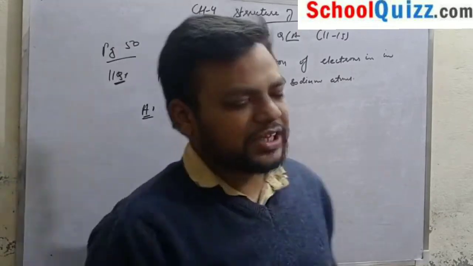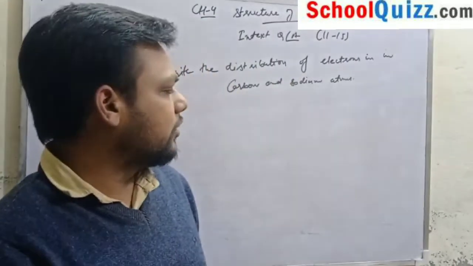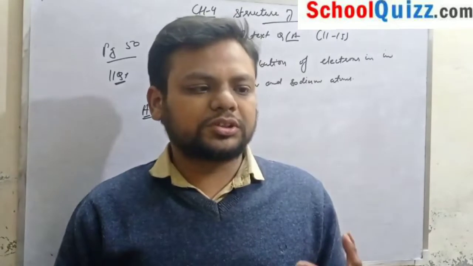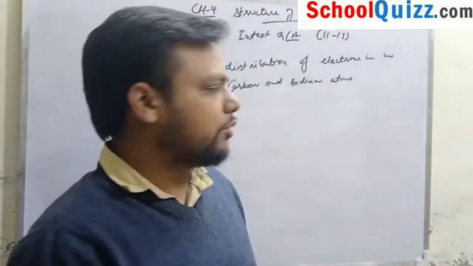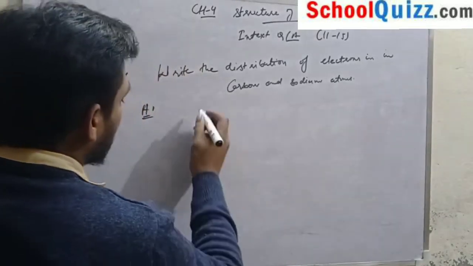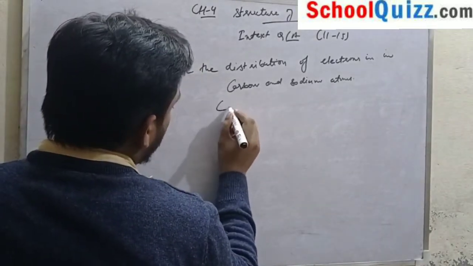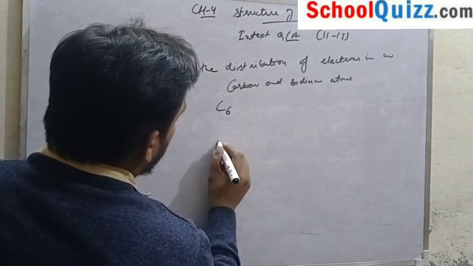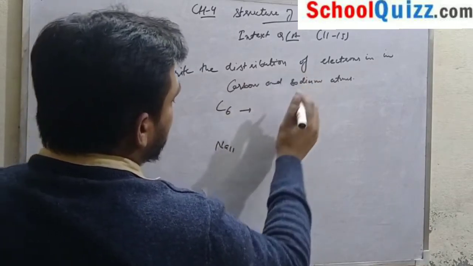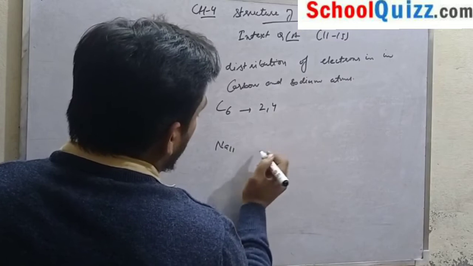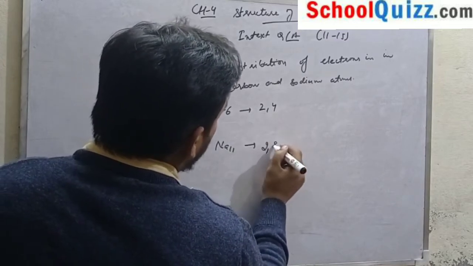As we have discussed several times in our topics and questions, you should know the atomic number of carbon and the atomic number of sodium. So what is the atomic number of carbon? Atomic number of carbon is 6 and atomic number of sodium is 11. So the distribution of electrons is 2, 4 for carbon, and 2, 8, 1 for sodium.